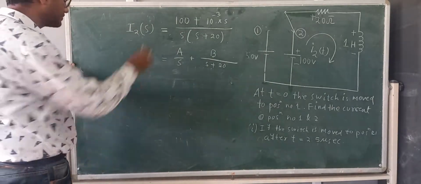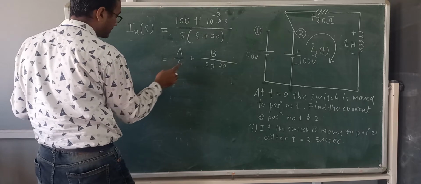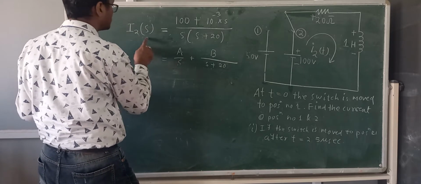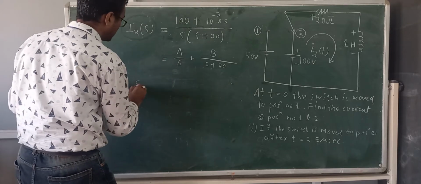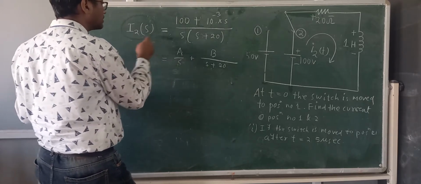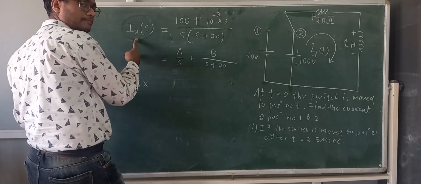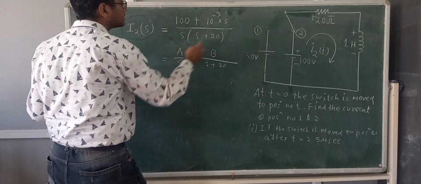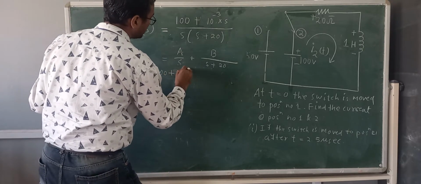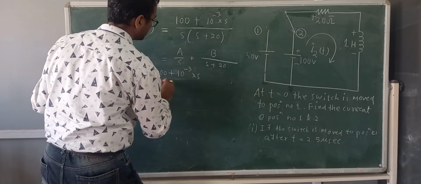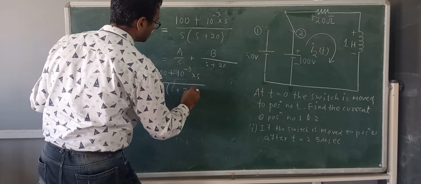Similarly, you can find B. Let us find A. What is the denominator of A? s. Multiply s into I2(s). What is the expression for I2(s)? 100 plus 10 to the power minus 3 into s divided by s into (s plus 20).